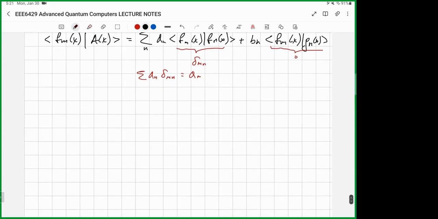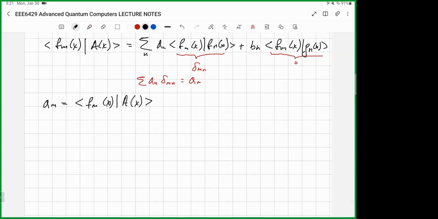From here I conclude that am, one of these elements, is equal to the inner product of my basis function fm of x with a of x.